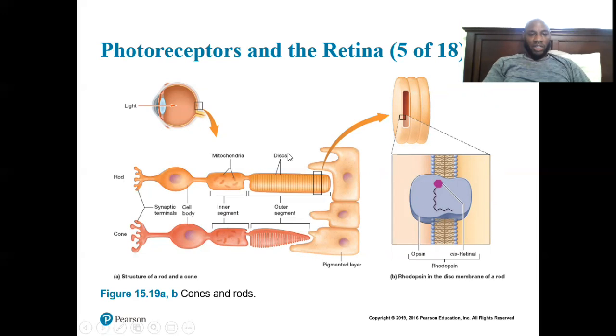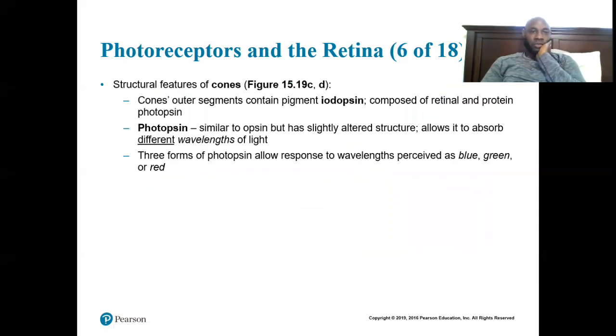All right, so the rods and the cones are a little bit different based on the light that they see. Your cones' outer segments contain iodopsin, composed of retinol and protein photopsin.